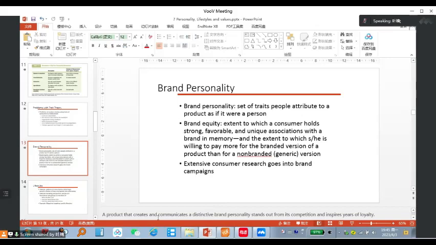A product that creates and communicates a distinct brand personality stands out from its competition and inspires years of loyalty.